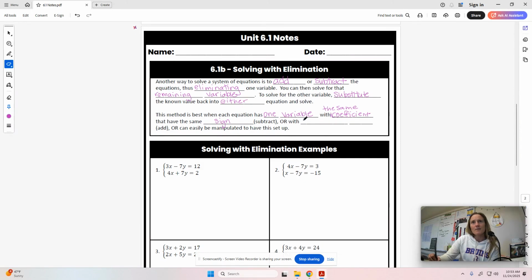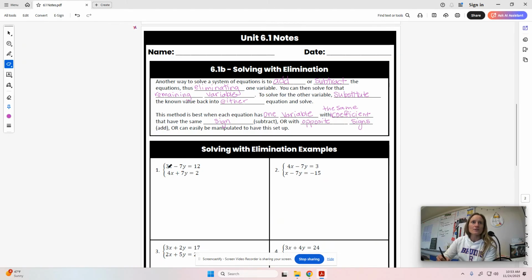Or if they have opposite signs, we can just add them, like in that first example. Or we want a situation where we can easily create that. I do have an example with that for you also. You don't usually want to go with elimination if you have to change both equations to manipulate them into this situation. There's probably going to be a shorter and easier way to solve the equation.